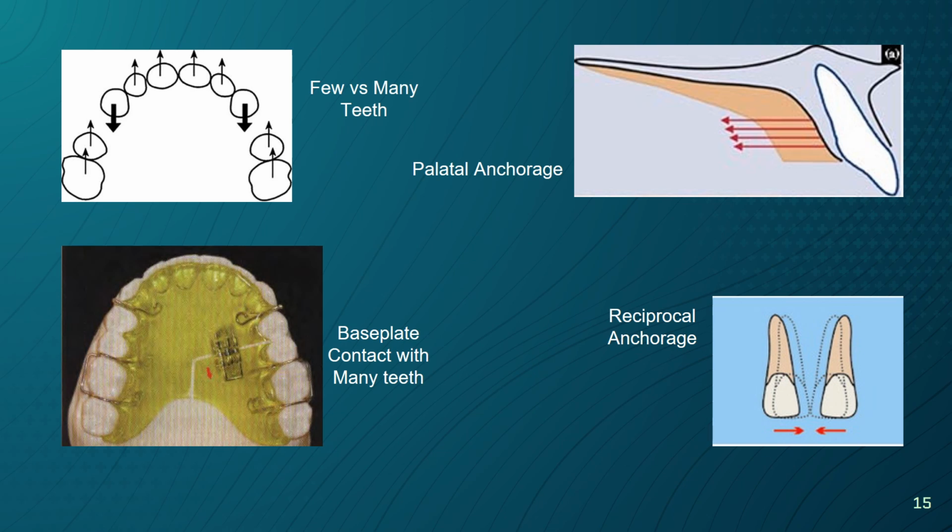Now here we can see that the base plate is closely adapted to the palatal surfaces of the upper teeth, and this contact of the base plate with the teeth enhances the anchorage. Now this is what is meant by reciprocal anchorage, whereby the movement of one tooth causes anchorage loss in the other teeth, which leads to a desirable result.